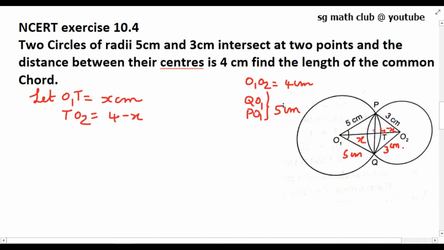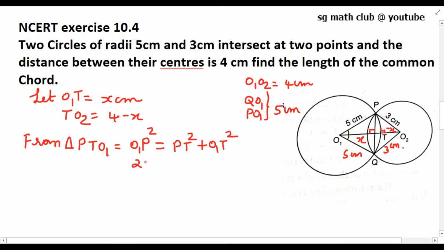Now this will form a right angle triangle. So this middle point, I can write as T. From triangle PTO1, I can write O1P whole square is equal to PT square plus O1T square.